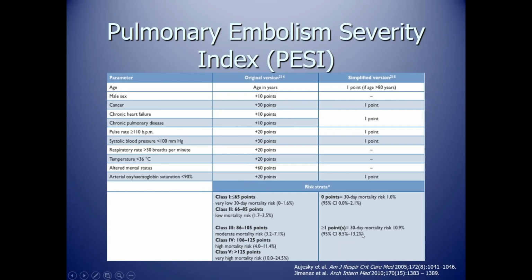As I said earlier, 1 point or more on a simplified PESI score is associated with a 30-day mortality risk of 11%. So these are things we look at in our submassive patients to sometimes drive decisions to treat versus not treat, or at least identify those patients who we're a little more worried about prior to making decisions.